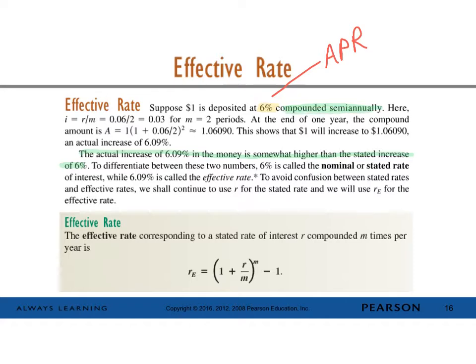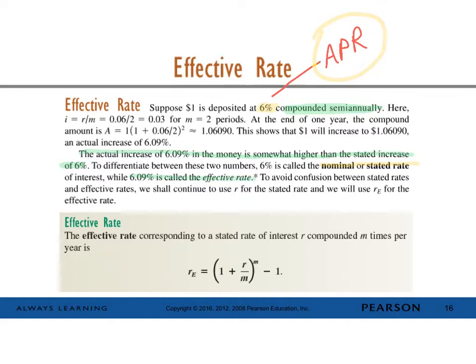To differentiate between those two numbers, 6% is called the nominal or stated rate, which is also referred to as the APR. And the 6.9%, which is the actual amount of interest that you draw, is called the effective rate.